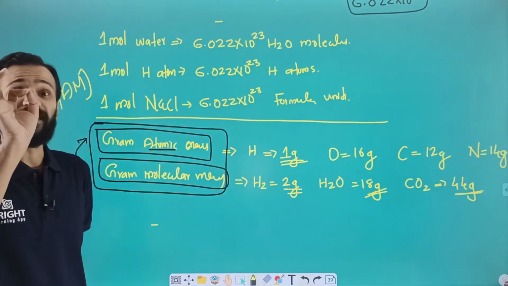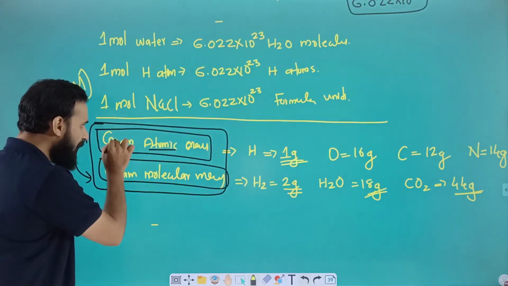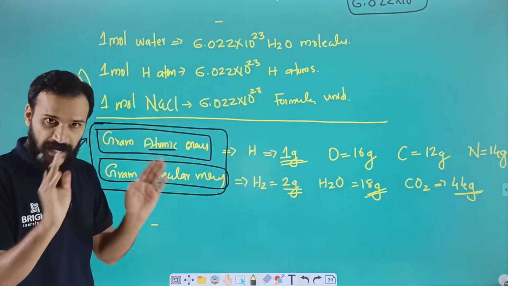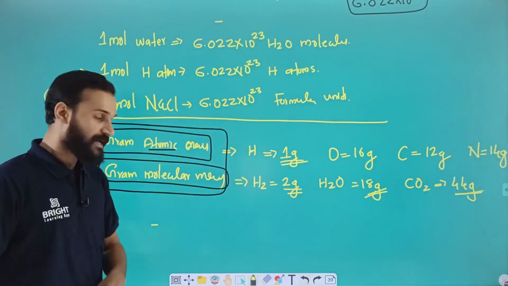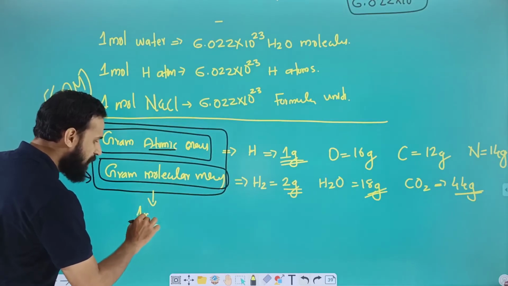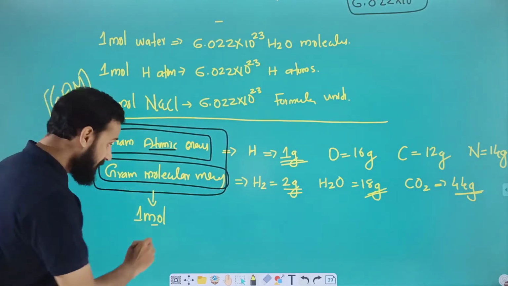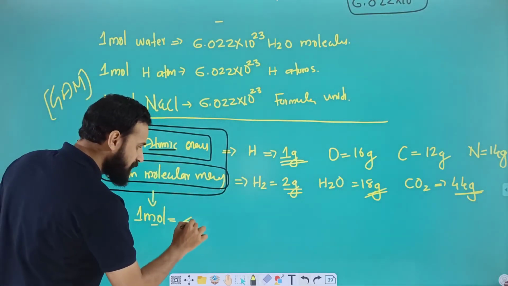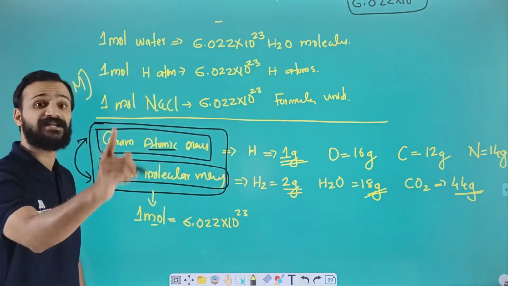Very important, dear students, if you are taking gram atomic mass of an atom, it will contain 1 mole of atoms. That means it will contain 6.022 into 10 raised to 23 atoms.